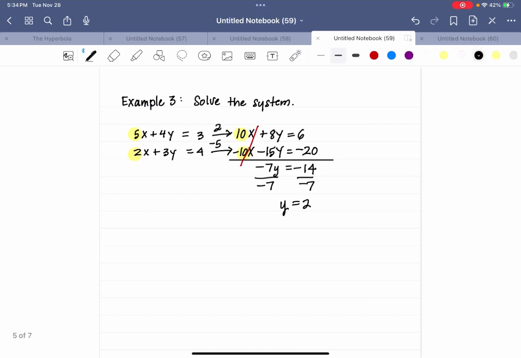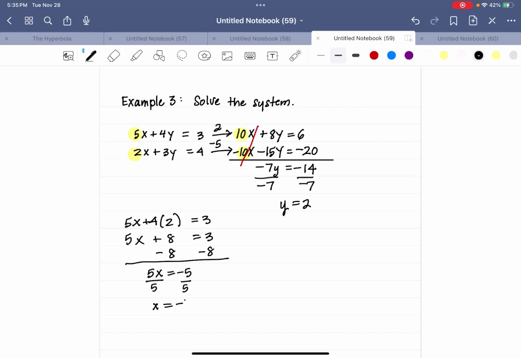So 5x, this time I have to substitute the y, so 4 times 2 is 3. 5x plus 8 equals 3. Subtract 8 from both sides. 5x equals negative 5. Divide by 5, divide by 5. x equals negative 1. So I have x is negative 1, y is 2.